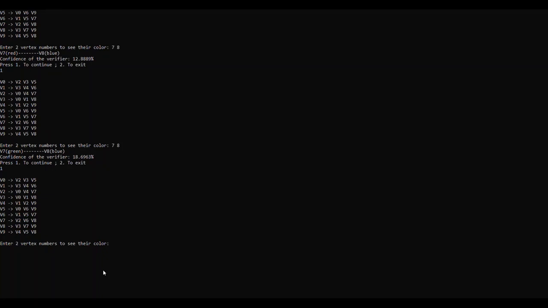It always approaches 100 but never quite becomes 100%. In this particular graph, where we have taken the two prime numbers correctly, the verifier will never be able to find two adjacent vertices of the same color because it is a true three colorable graph.